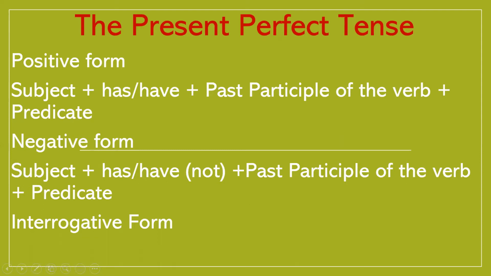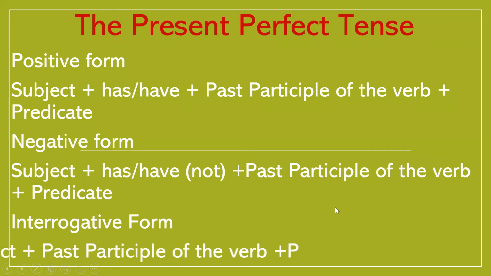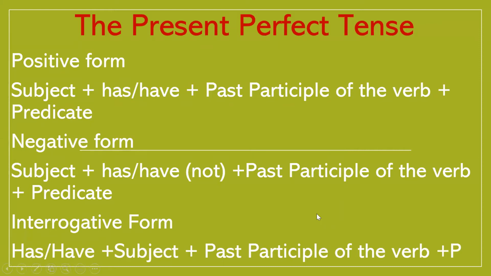Tulika Yadav. Yes, Tulika. Ma'am, has or have plus subject plus past participle of the verb plus the predicate. Very good. Has or have plus subject plus past participle of the verb plus the predicate is the interrogative form of the present perfect tense.